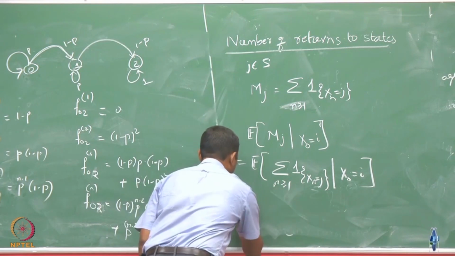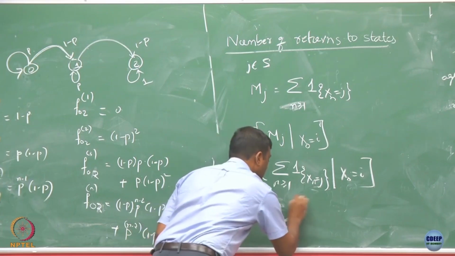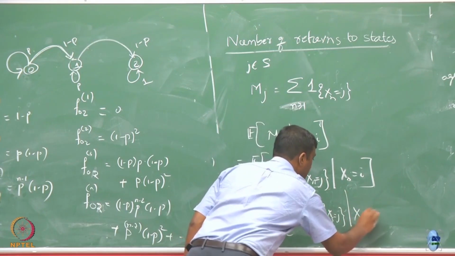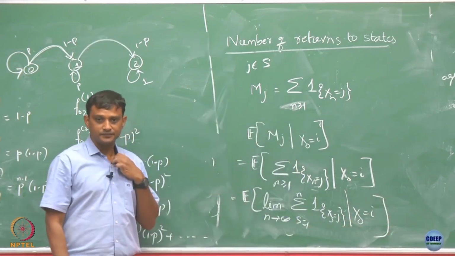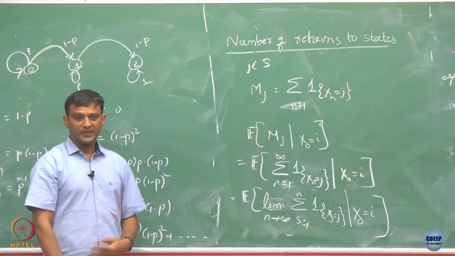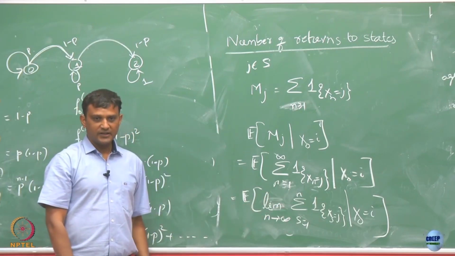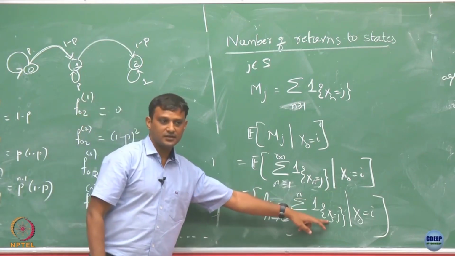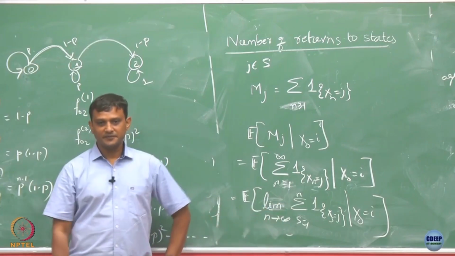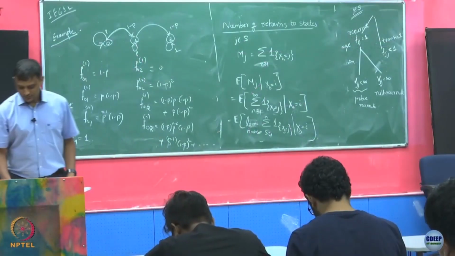So this is nothing but what I can write as the expectation of the sum, n equals 1 to infinity, right? Let us assume this limit exists, the limit as n goes to infinity of the sum over s from 1 to n. Now I want to interchange this expectation and this limit. Can I do so in this example?